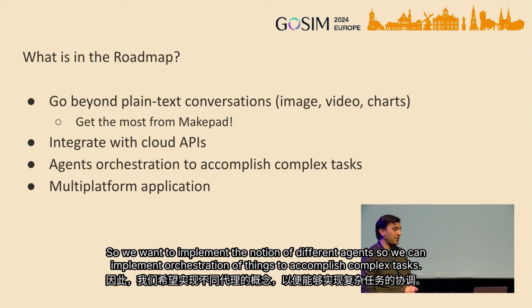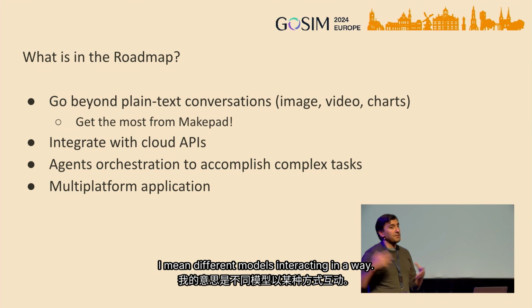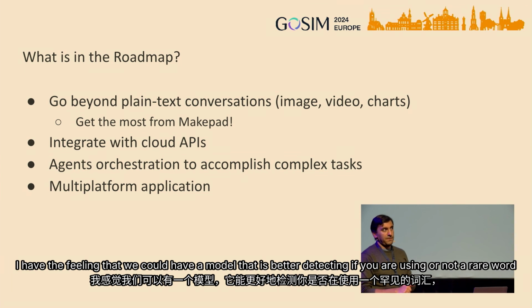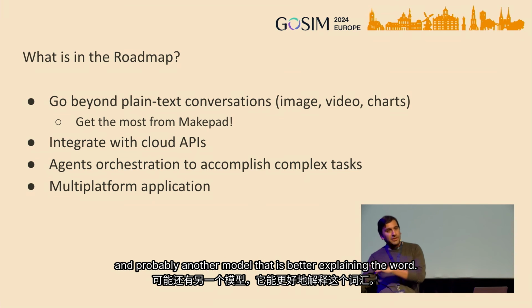Also, we want to implement the notion of different agents, so we can implement orchestration of things to accomplish complex tasks. I mean, different models interacting in a way. For example, from the demo I just made, I have the feeling that we could have a model that is better at detecting if you are using a rare word, and probably another model that is better at explaining the word.